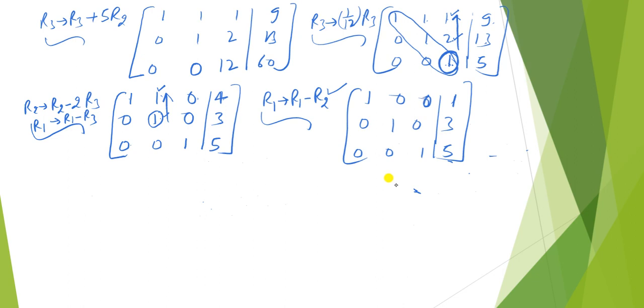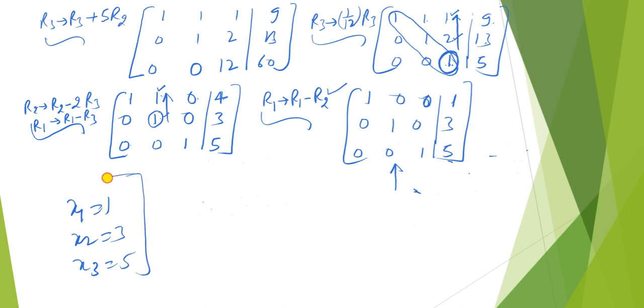Now the coefficient matrix A is converted into the diagonal matrix, also known as the identity matrix, and here the diagonal elements are equal to 1. So in that case, if we directly convert this reduced matrix system into equation form, then x1 is equal to 1, x2 is equal to 3 and x3 is equal to 5.